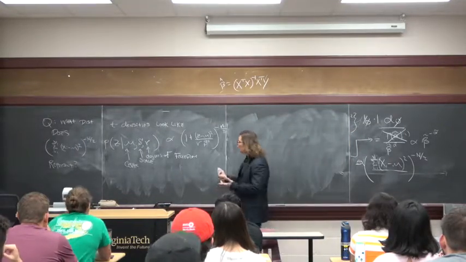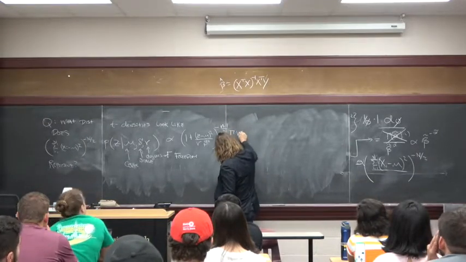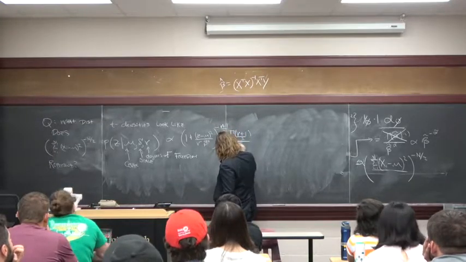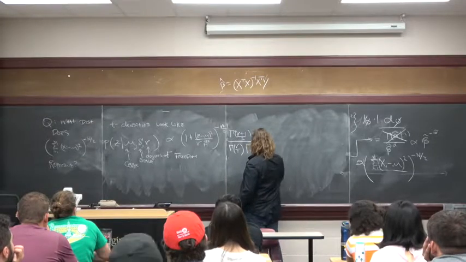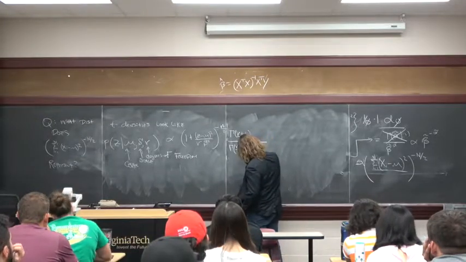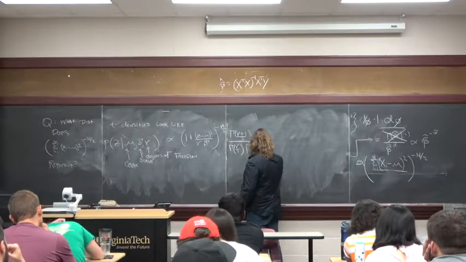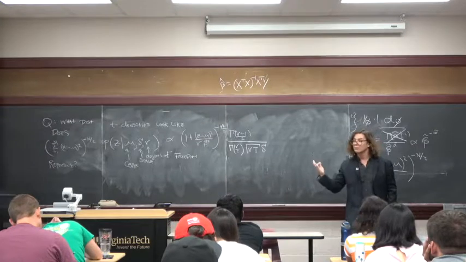Okay, so if you wanted to know what the normalizing constant is, I think I know it. I think it looks like this. Square root of nu pi s. That's what it looks like, whatever.